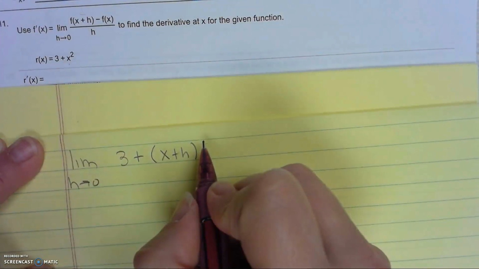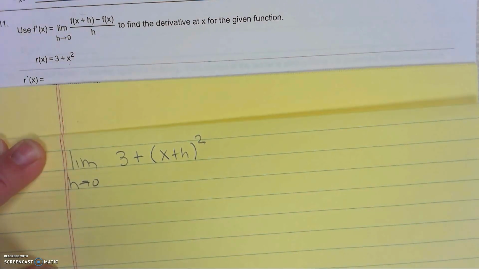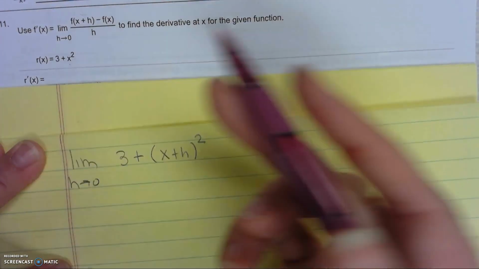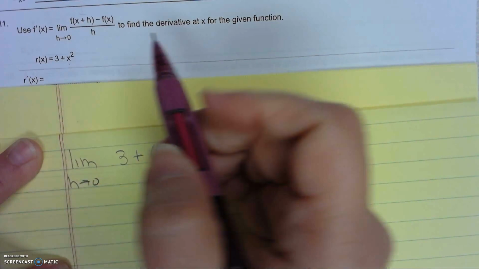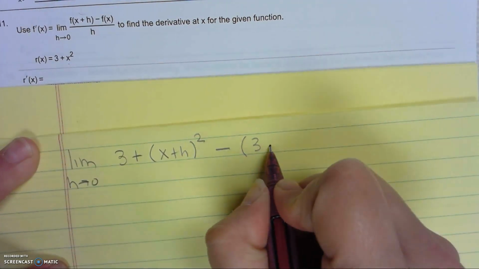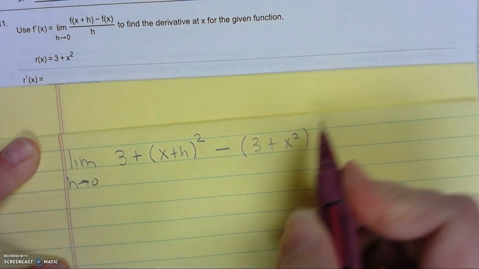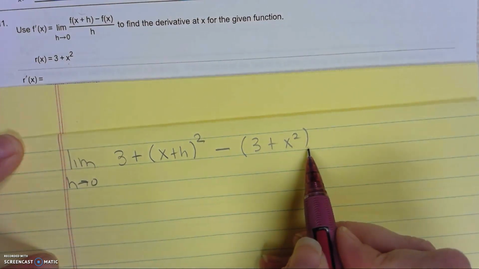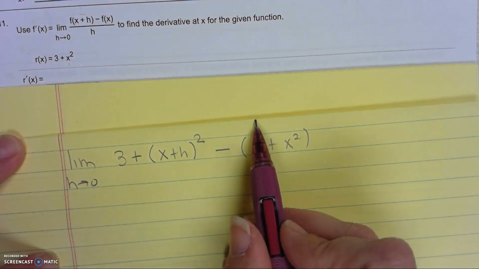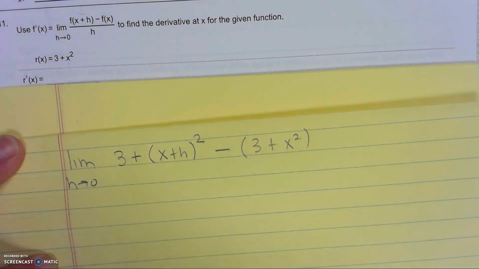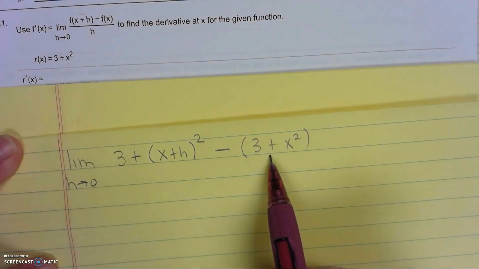So instead of that x, I'm going to put x plus h squared. And that's the only x in there. So then minus the function itself, which is 3 plus x squared. And make sure you're subtracting the entire function and not just that first term. So make sure you put it in parentheses when you subtract it, or that you change the sign of everything that's in the function.